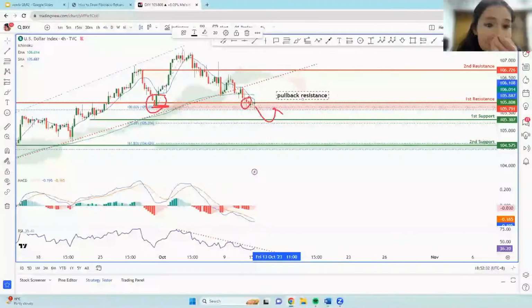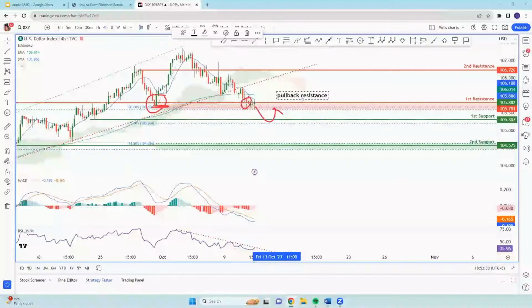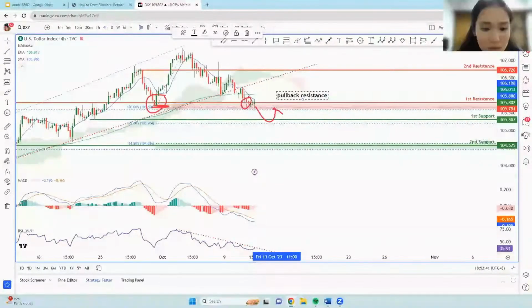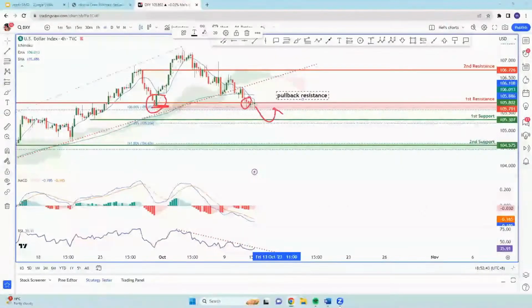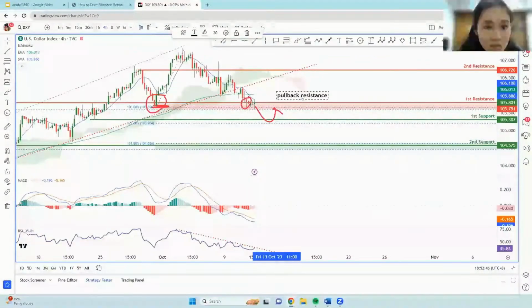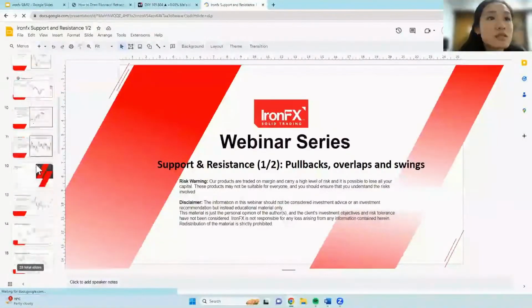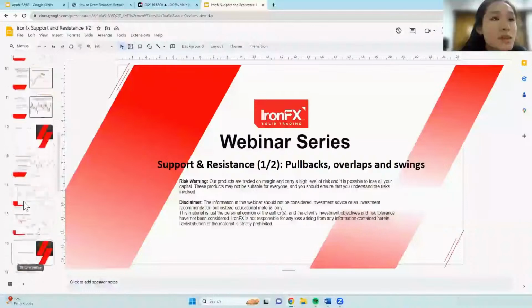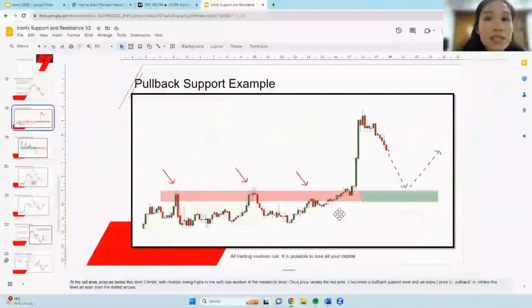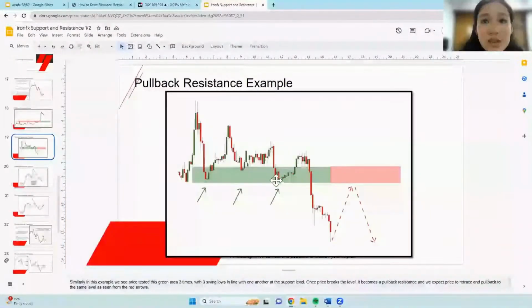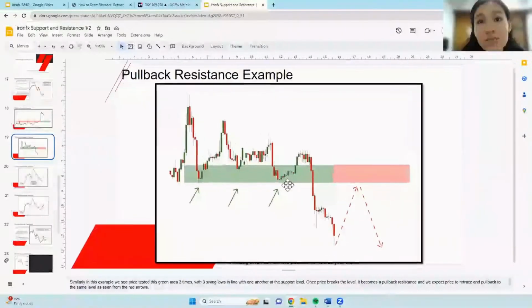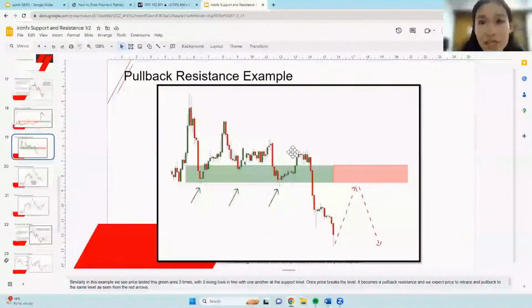Maybe I'll pull out last week's slides to show you what I mean, because we still have a bit of time. We covered this last week. So a pullback is like this. Similar to what we saw earlier, here is my support. Once price breaks under it, it becomes a resistance, a pullback resistance.